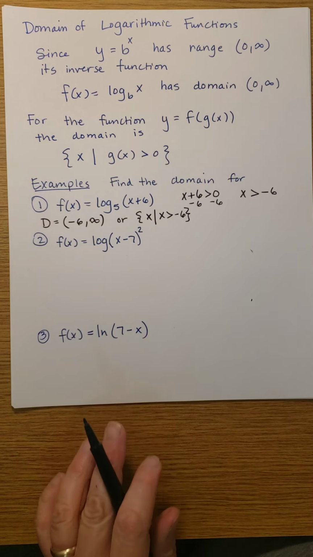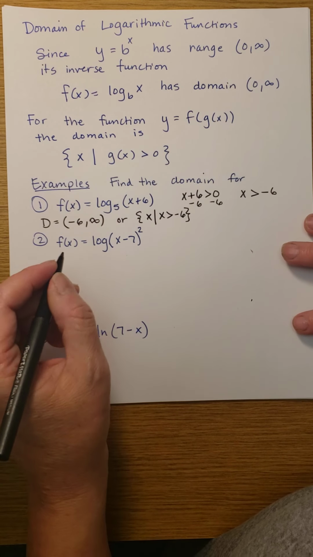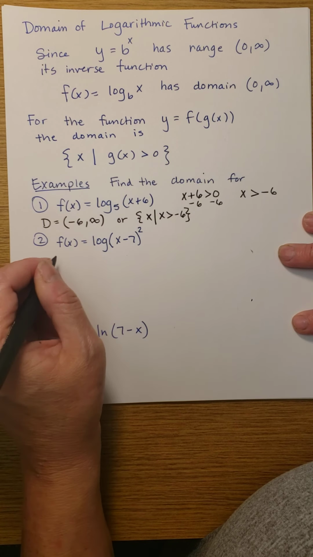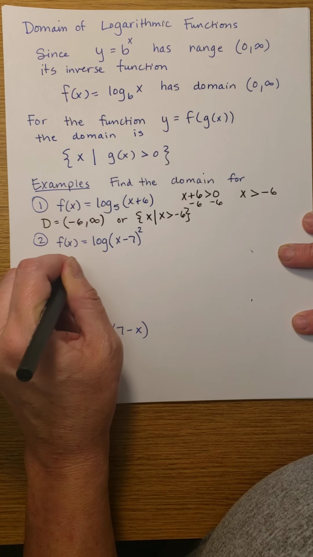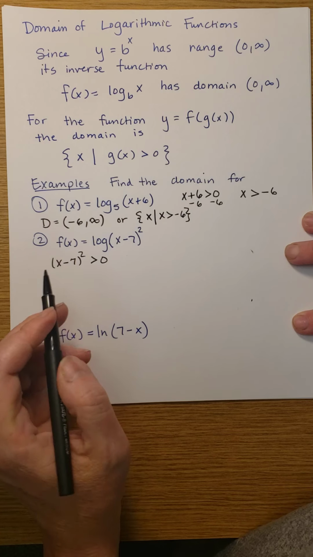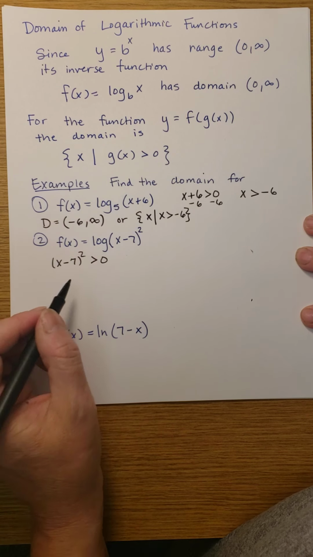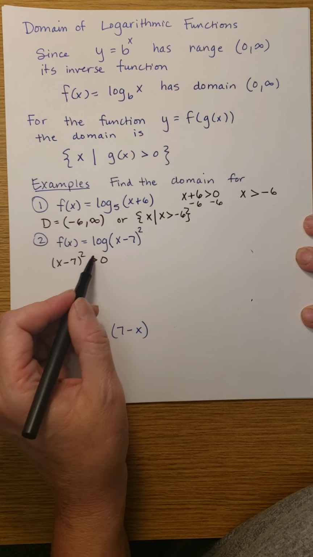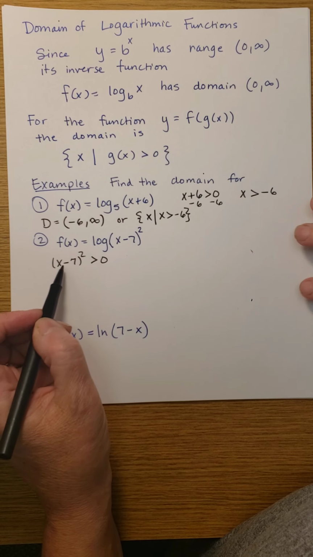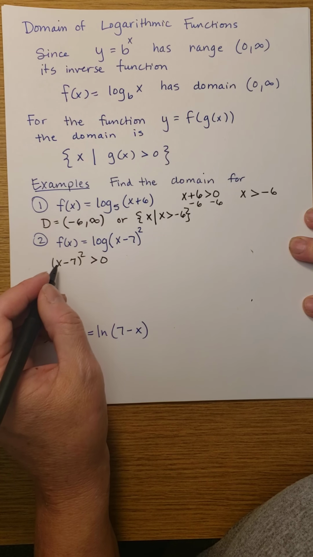Here, now we're going to set x minus 7 squared greater than 0. This is a quadratic function. So in order to find the intervals where it's greater than 0, you need to find the x-intercepts.